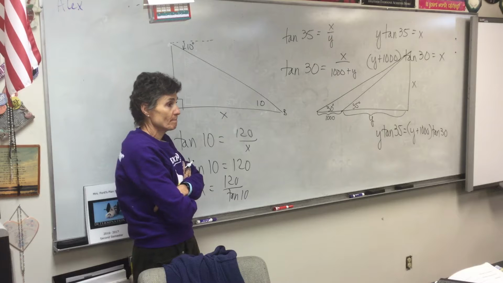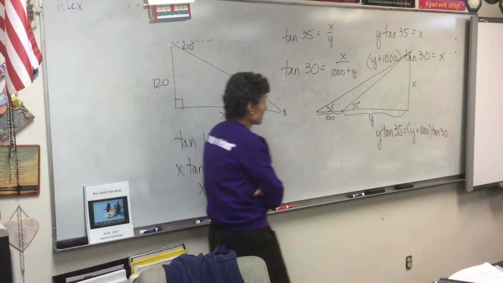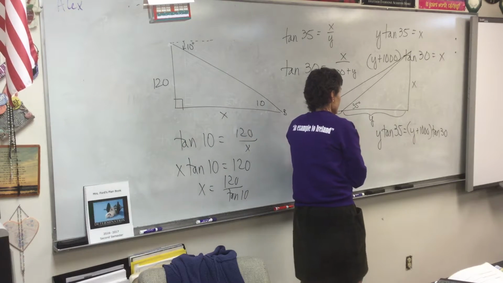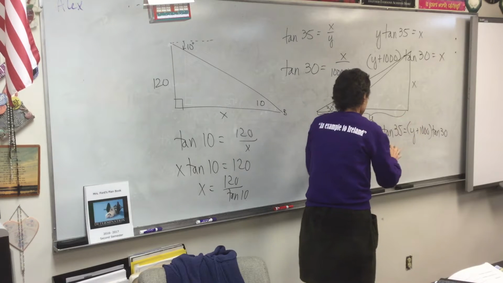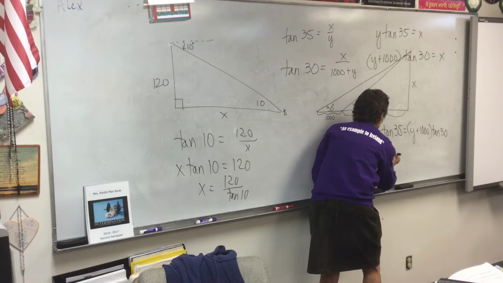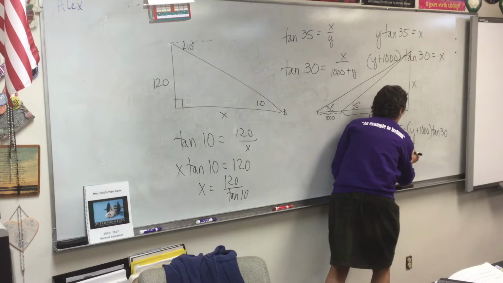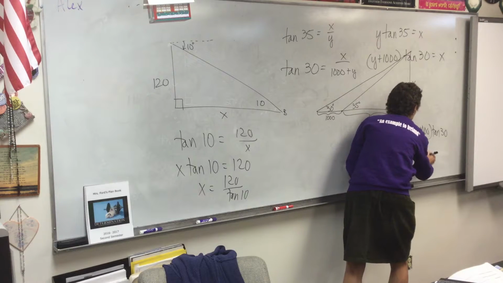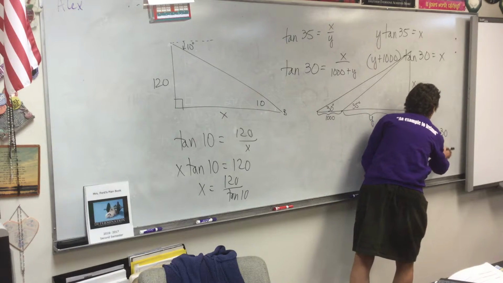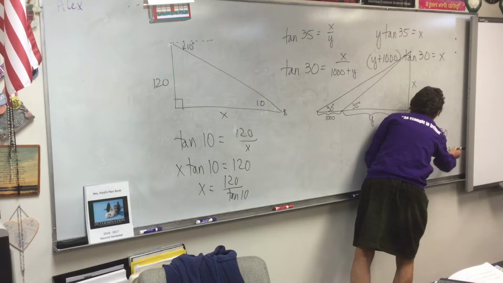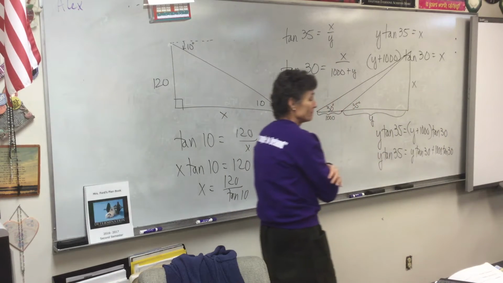Everybody still with me? Now, I've got to get y by itself. So I got to get all the y's on the same side. So I'm going to go ahead and do my distributive property over here. So I have y tan 30 and 1,000 tan 30. I'm just doing the distributive property.